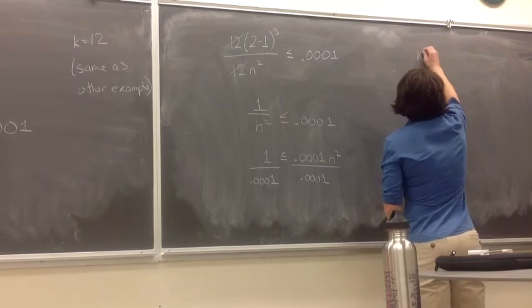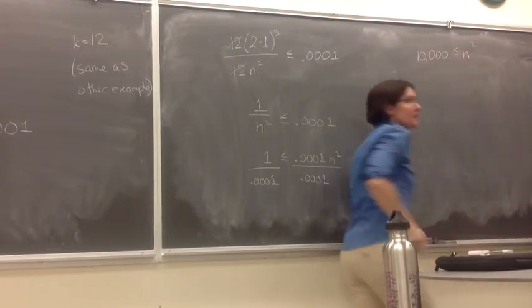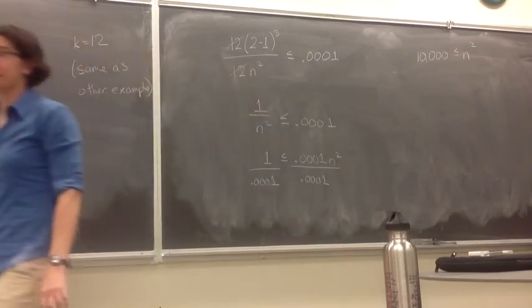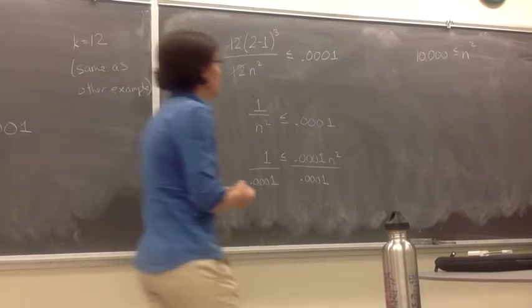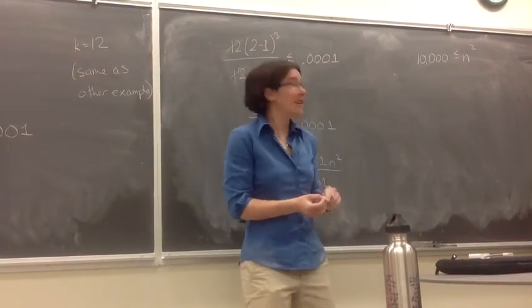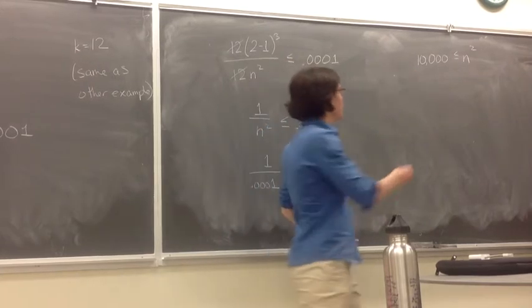And so I end up with 10,000 is less than or equal to n squared. Since I know everything here is positive, it's legitimate to talk about square roots.